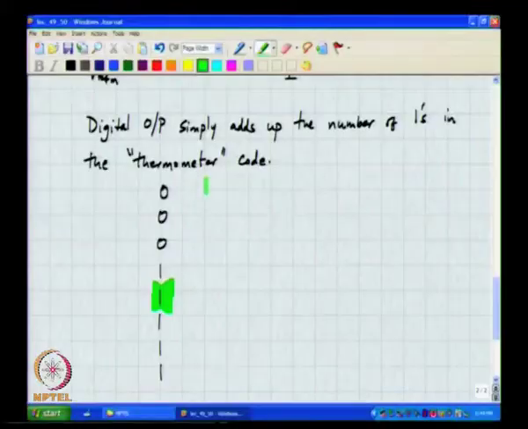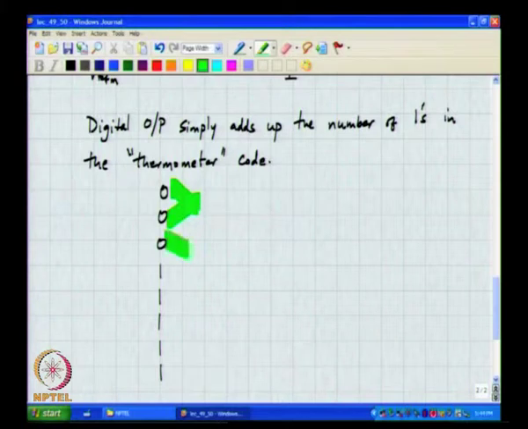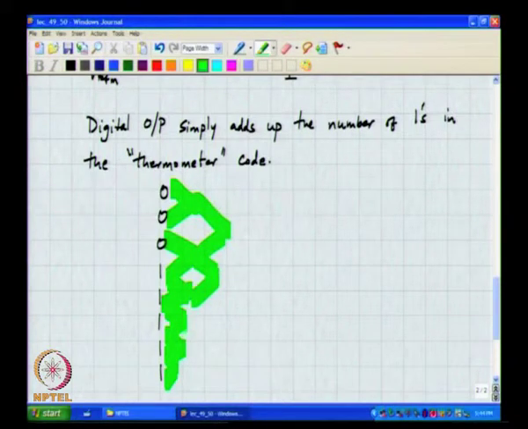Yeah, I mean the easiest way of doing this is to combine, add up neighboring bits and then add up successive neighbors and so on.